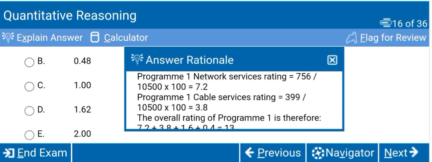So next we have these calculations that you can do to find out your answer, which is program 1 network services rating equals 756 divided by 10,500 multiplied by 100 equals 3.8.